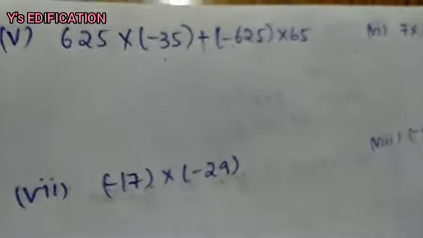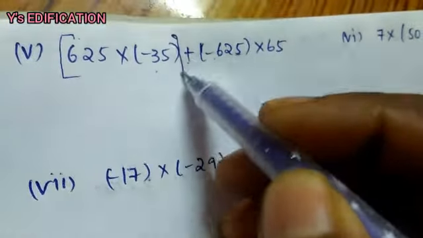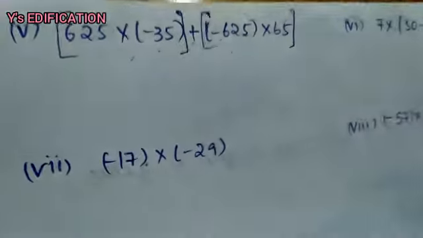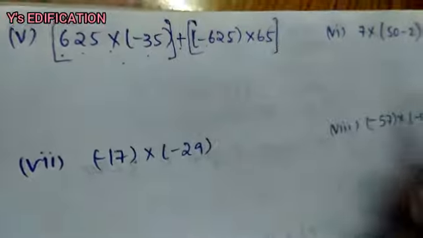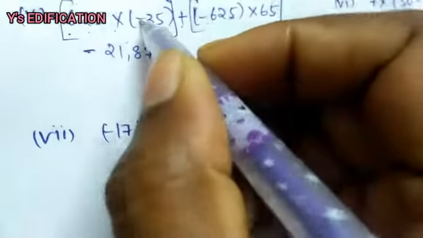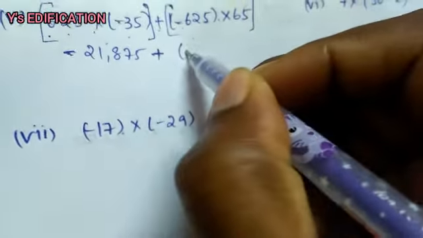Next one: 625 into minus 35 plus minus 625 into 65. In this case, first we have to multiply the numbers. Multiply these two numbers and multiply these two numbers, then add both the numbers. When we multiply 625 into minus 35, we will get minus 21,875, because this is minus and this is plus, so we get minus. Plus, this is minus and this is plus, so this also gives minus.